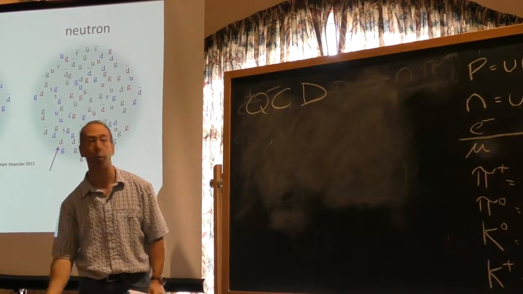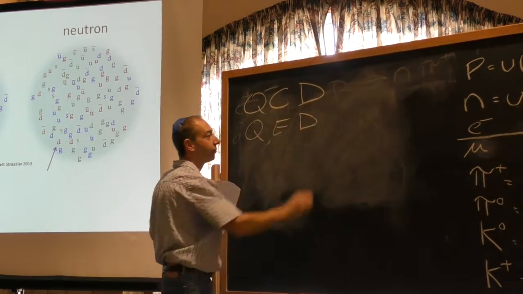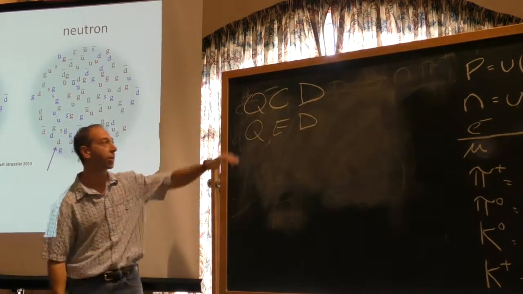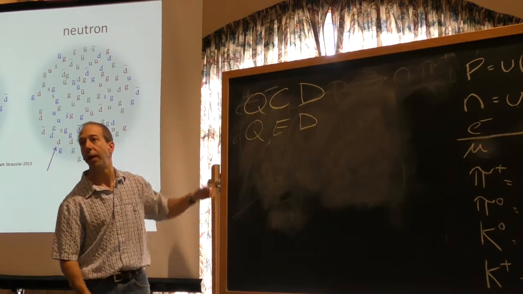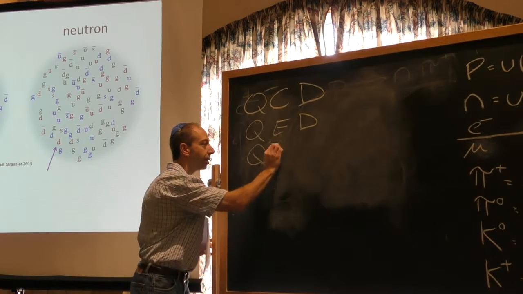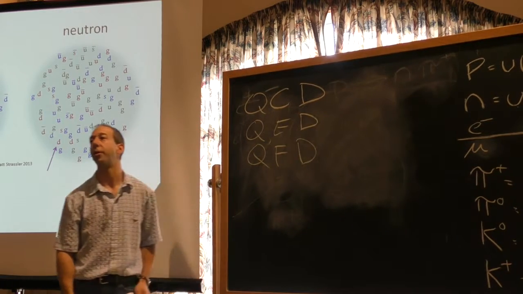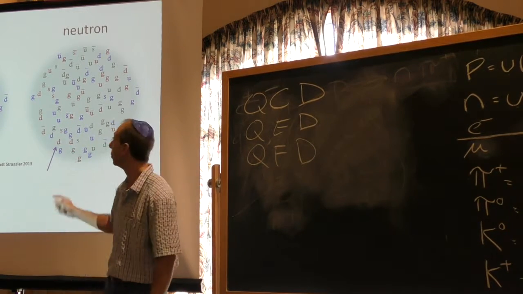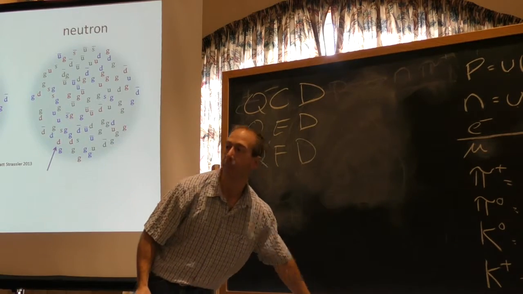The electromagnetic force, this is finally being clever again, is QED, which is quantum electrodynamics. Originally we have quantum electrodynamics, then quantum chromodynamics for color, and in the weak force, which we're going to talk about now, this is not generally used, but you'll see it occasionally, quantum flavor dynamics, because what the weak force is able to do is change the flavor of these things. It's the only way that can happen.